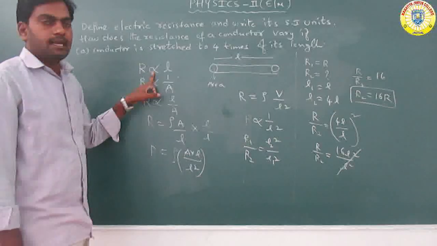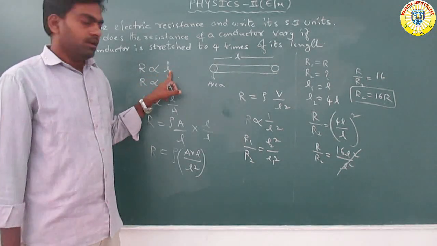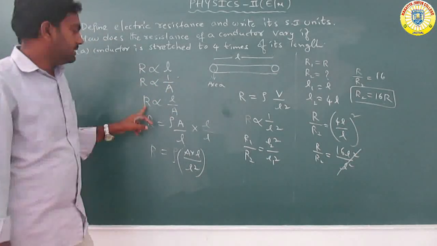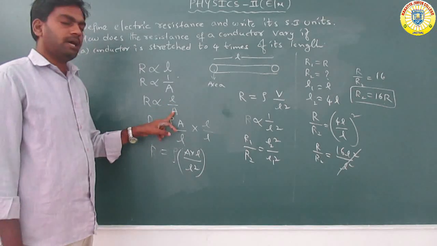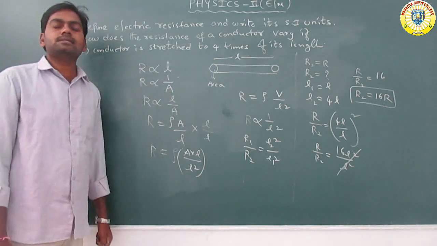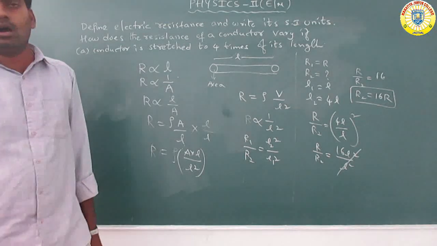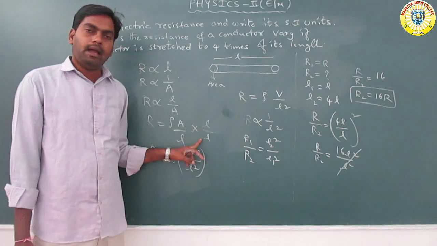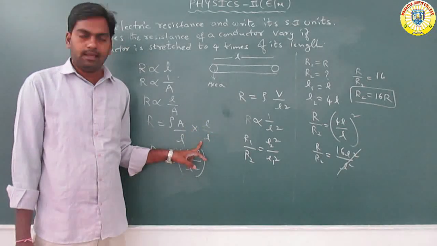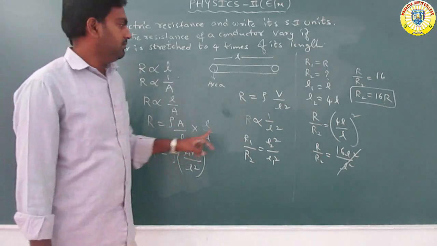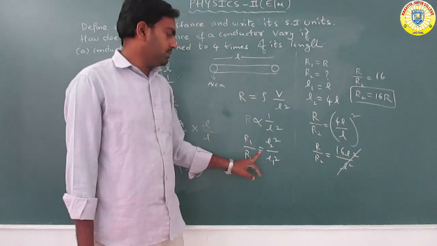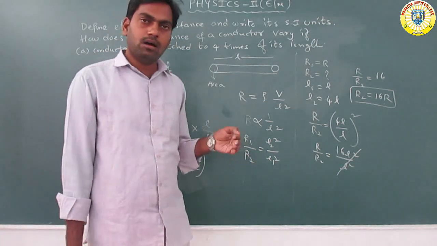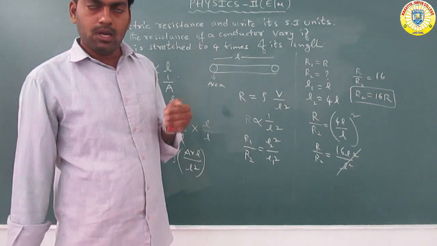So the resistance is directly proportional to its length, and inversely proportional to its area. From the equation R is directly proportional to L by A, given the volume, we multiply and divide by L. So we get the final equation R1 by R2 is equal to L2 square by L1 square.